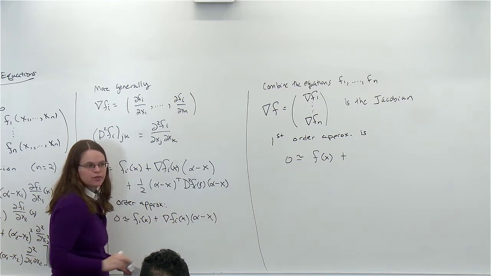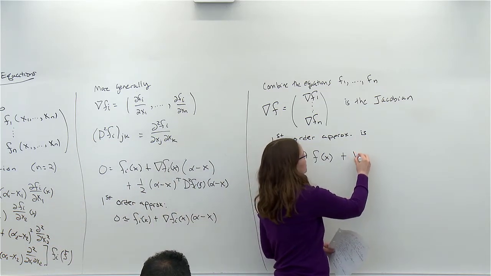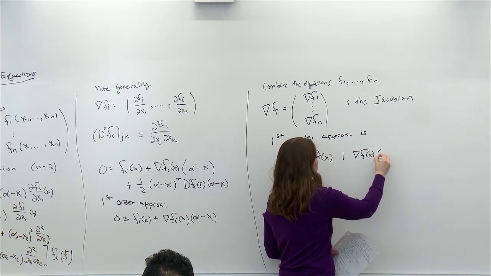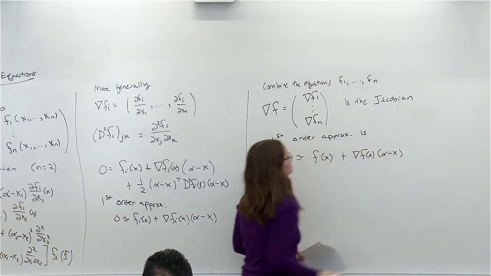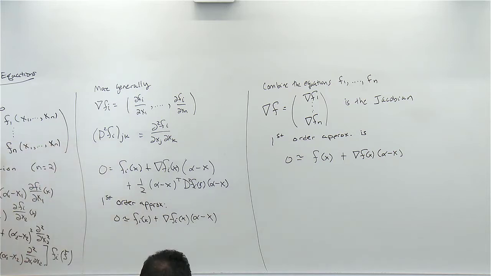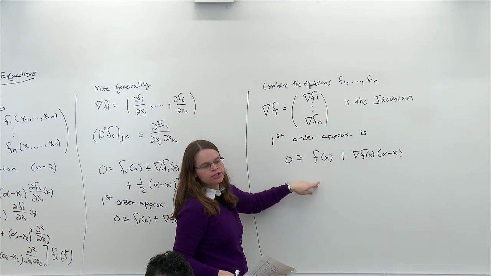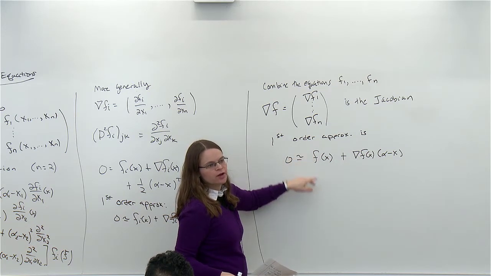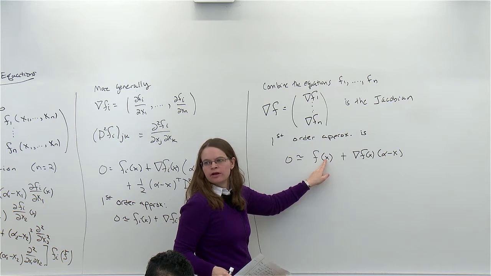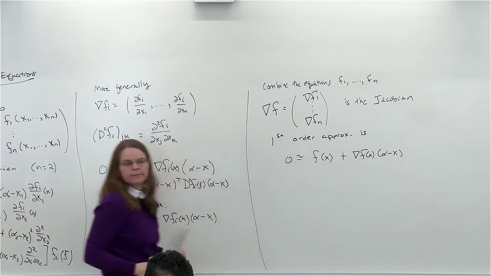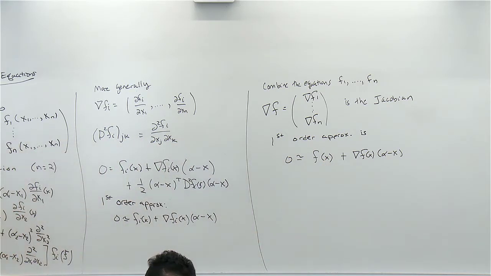I want to do this for all the different rows, so that's the same as saying, let's do a matrix vector product. Again, this is now a system of n equations, f1, f2 down to fn, and I have my n unknowns in here, the different components of x. But now it's a linear system. And a linear system of n equations and n unknowns, we have tools to solve.